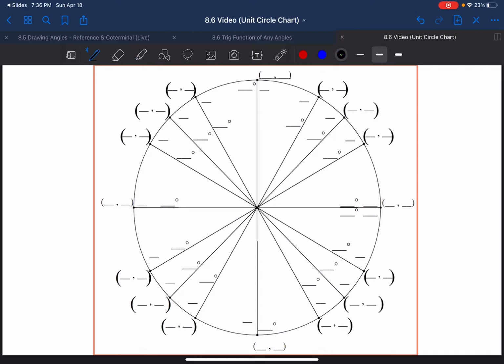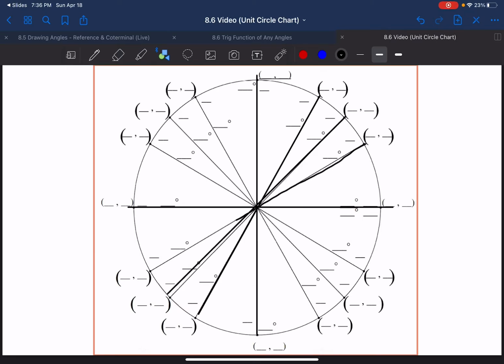So let's take a look at it. You have a big circle, and then we have the X and Y axis, right? Just try to use a ruler. You go from here to here, one line, then two, then three, and then you do the opposite side as well.